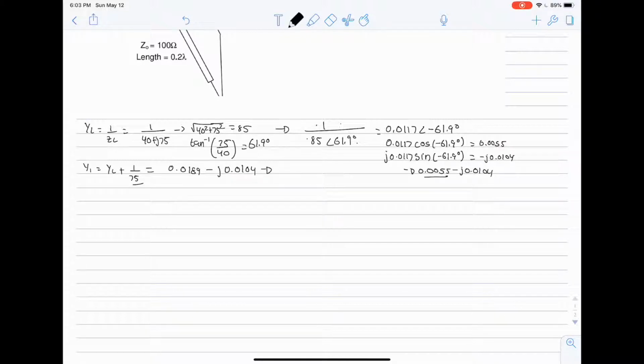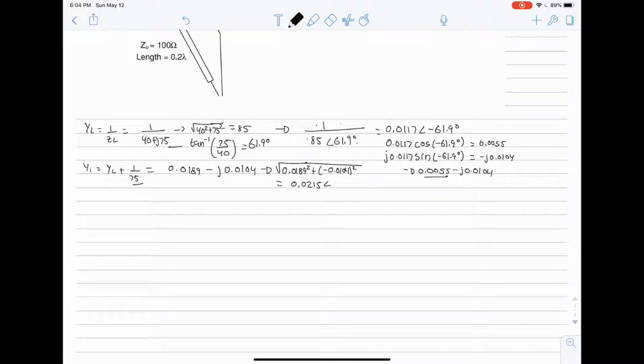Like we did over here, it's just going to be the square root of 0.0189 squared plus negative 0.0104 squared, which is going to give us 0.0215.